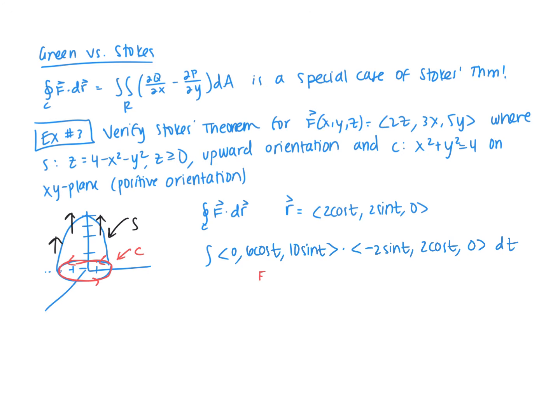Again, this first one is just f of r, and the second one is r prime of t. It's one of the first ways we learn to calculate a line integral. When we multiply that out, we end up getting 12 cosine squared t dt, and t goes from 0 to 2 pi.